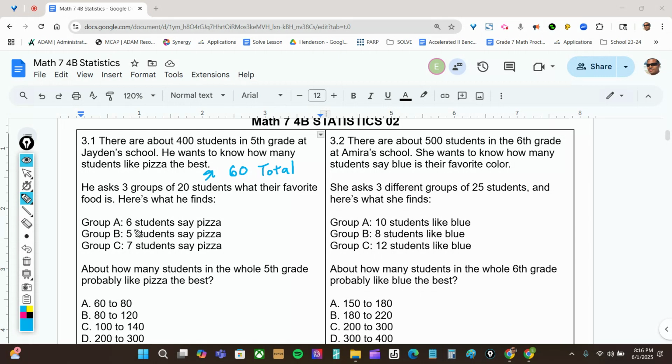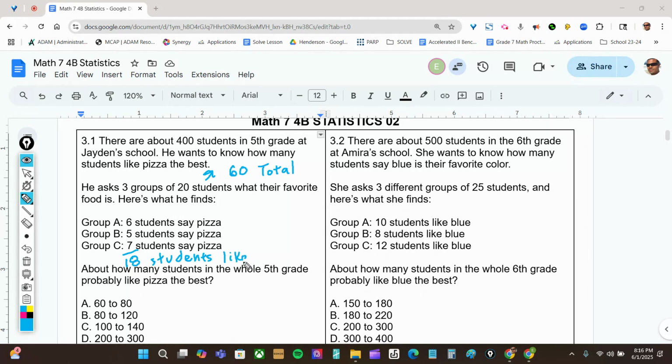Here's what he finds: group A 6 out of 20, 5 out of 20, and 7 out of 20. So we add this up and we get 18 students like pizza.